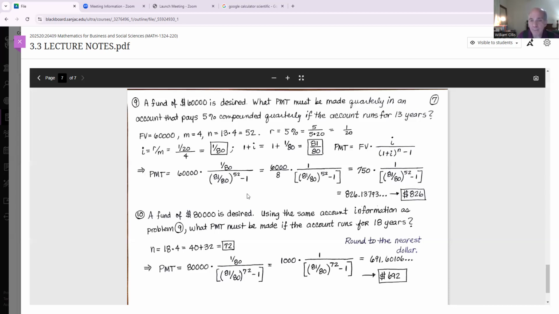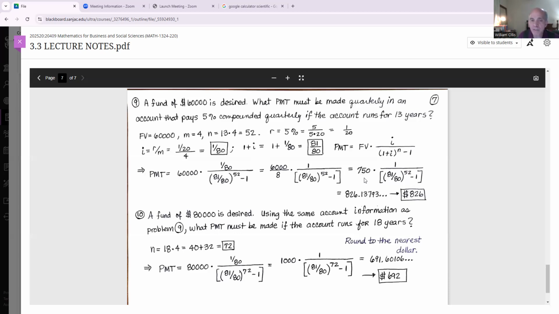So now, again, if you like, notice we have the 60,000 times the 80. And if we look at this, one of the zeros absorbs, and we just have 8 in the denominator. So we have 6,000 divided by 8, which gives us 750. You don't even have to make these reductions if you don't care to. It just usually makes the computation a little bit easier.